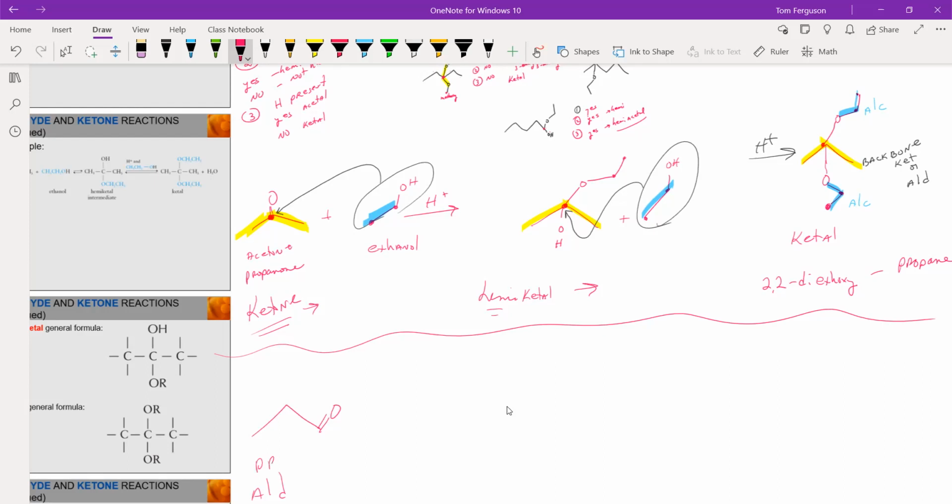So that's going to be propanal. And let's add ethanol again, with acid. So our backbone is this, and our alcohol, a 2-carbon alcohol.